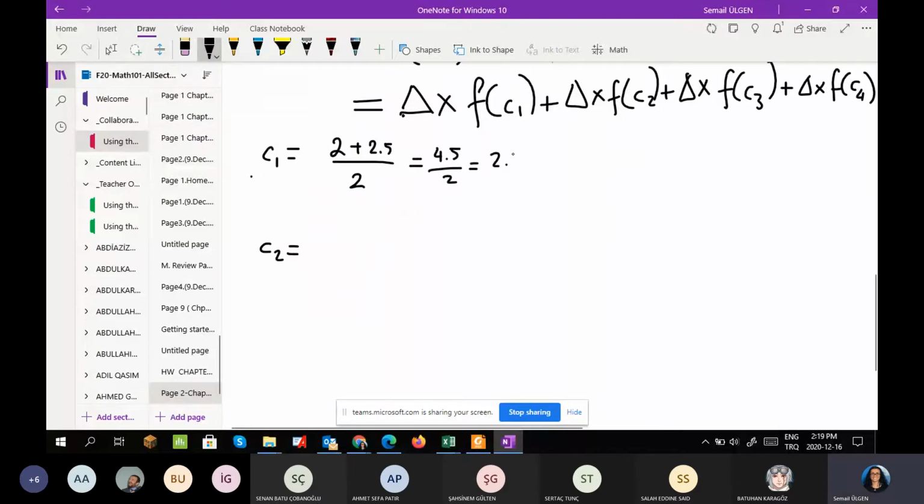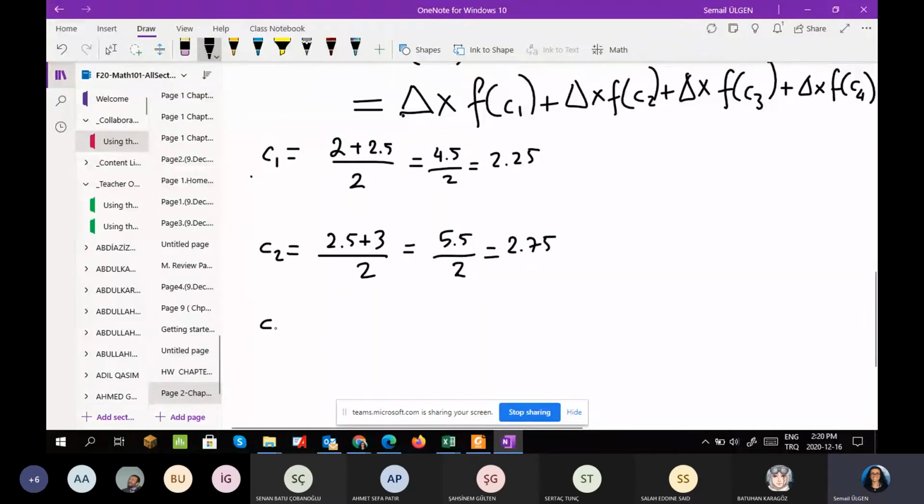This is 2.25, yeah? And then c2 is 2.5 plus 3 over 2, which is 5.5 over 2. 5 over 2 is 2.5, and 0.25 comes 2.75.